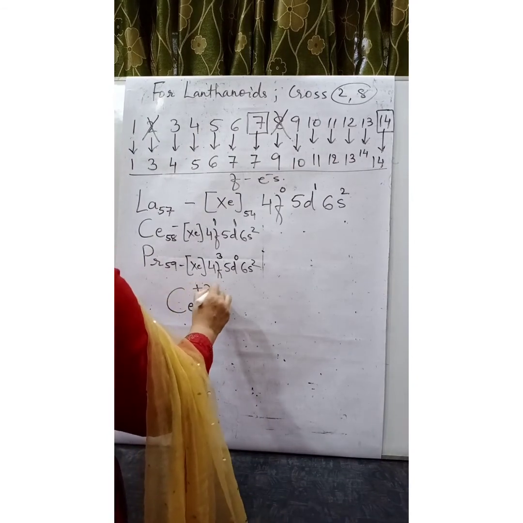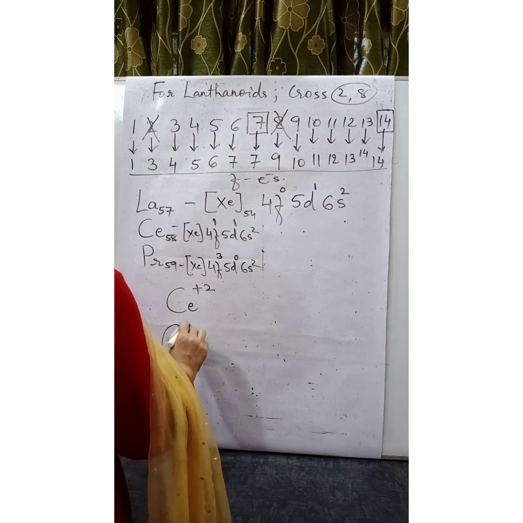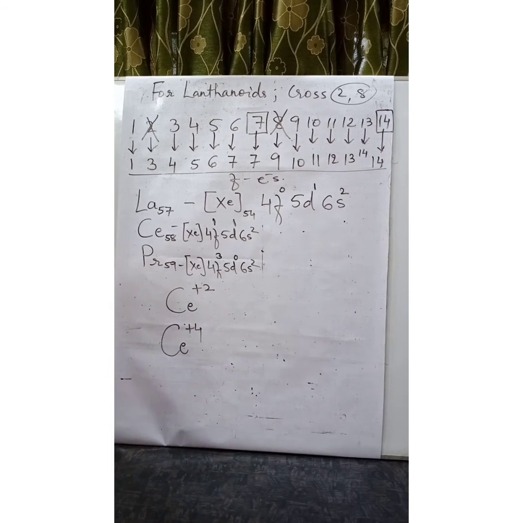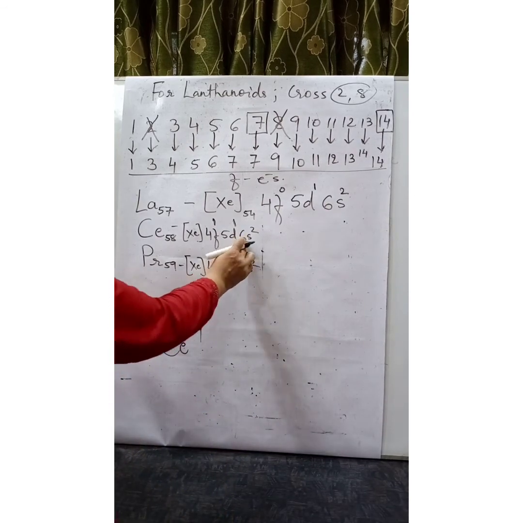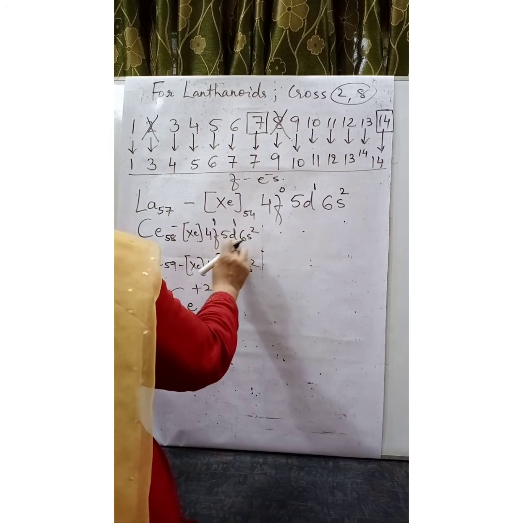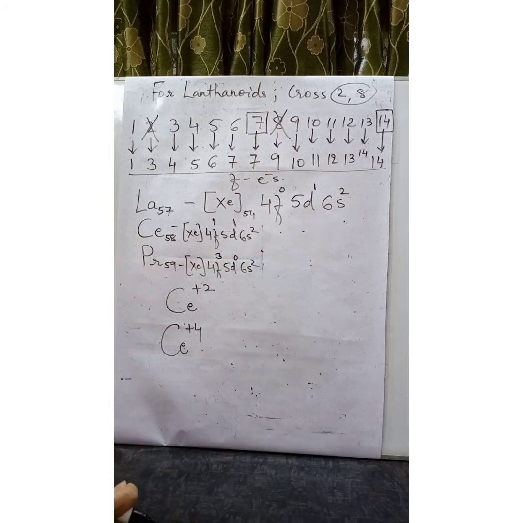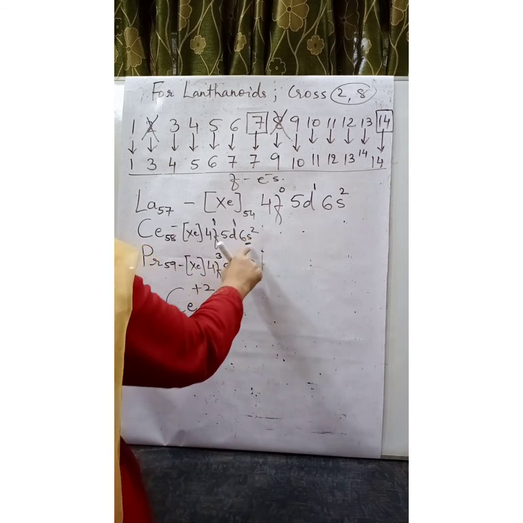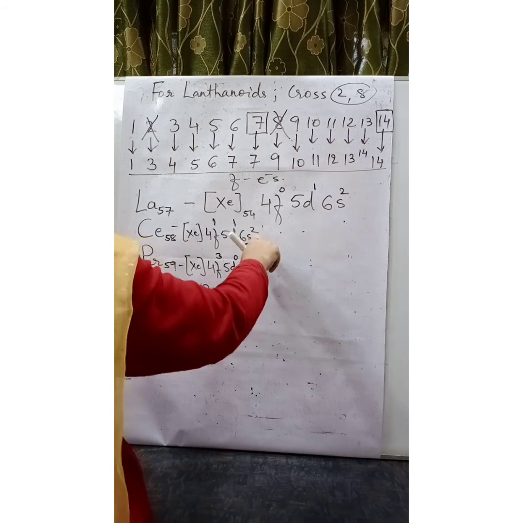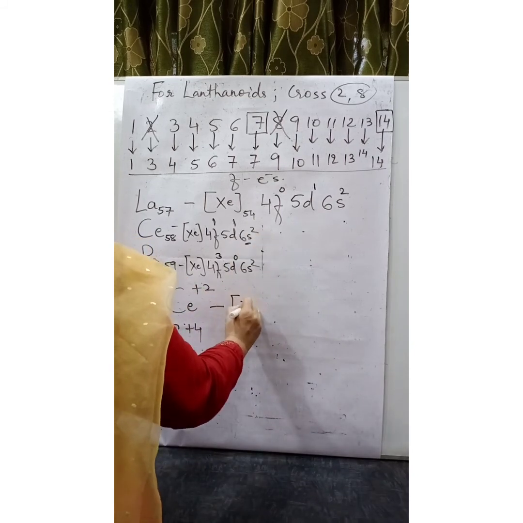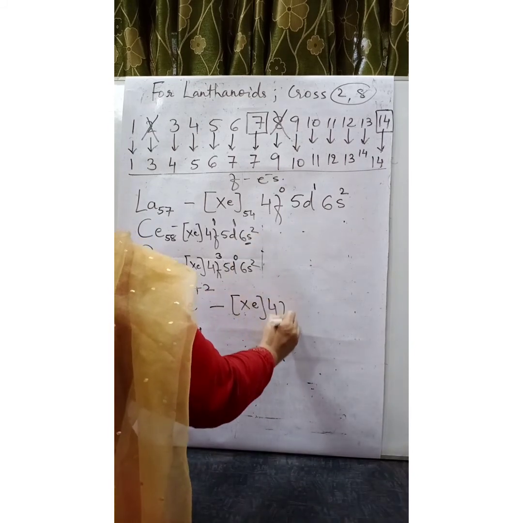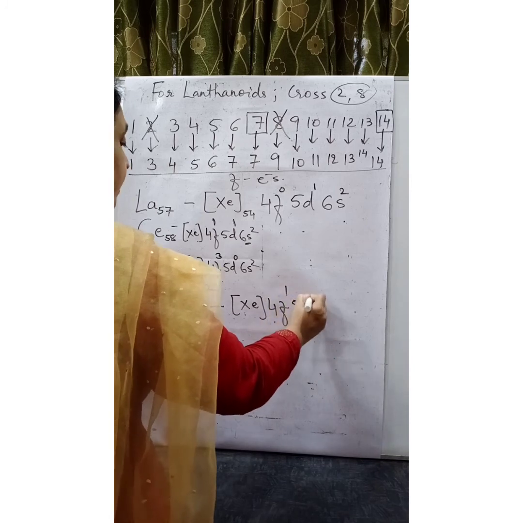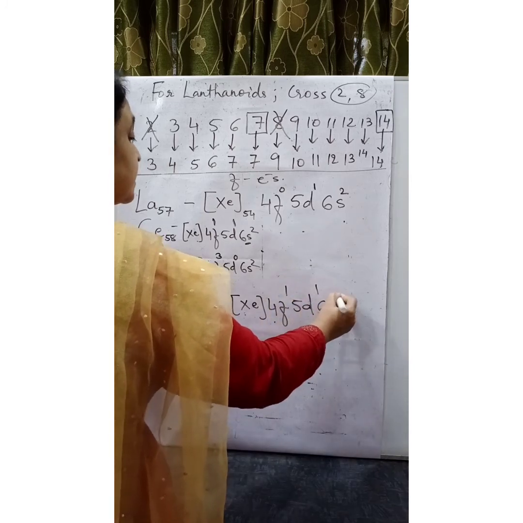Now, you have to check the principal quantum number. Highest principal quantum number is your valence shell. So, this is your valence shell. Plus 2 means 2 electrons are going to go from here. So, you will have the configuration xenon 4f1, 5d1, 6s0.